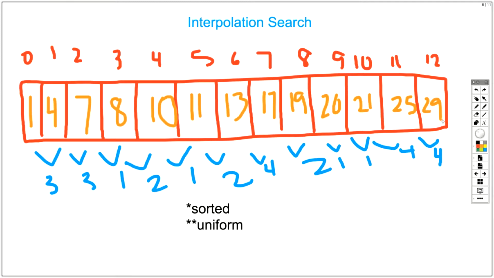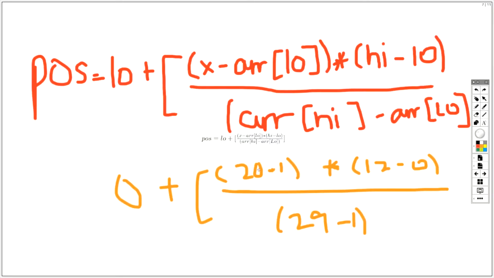But it is not always going to be like this. Let's take maybe 20, and maybe not a number which is the highest. Everything stays the same, except that my x is 20 and not 29.